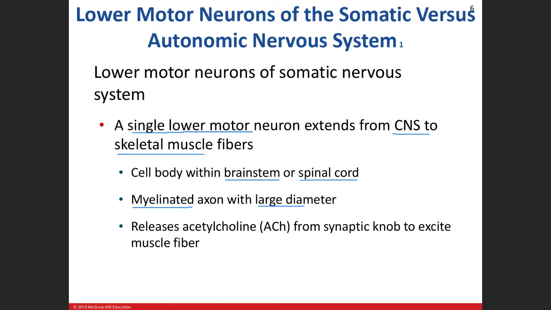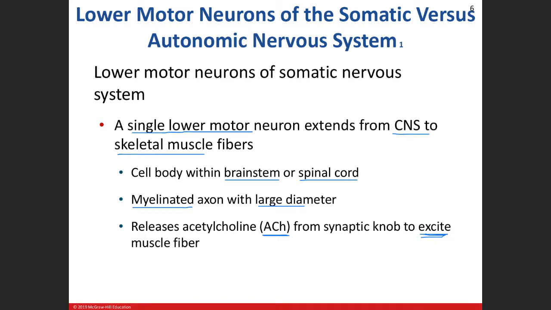Those are the biggest, largest diameter motor nerves, so their nerve signal is the fastest. Also, for our lower motor neuron, the neurotransmitter is acetylcholine, and it will always excite the muscle tissue. You need to know those facts.